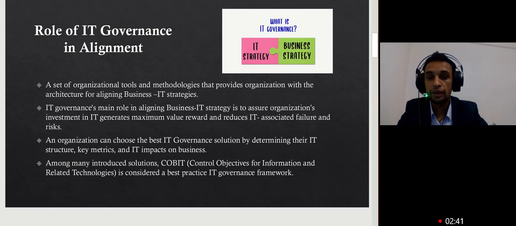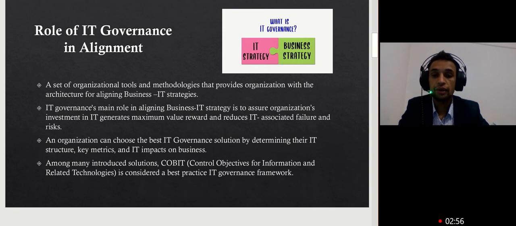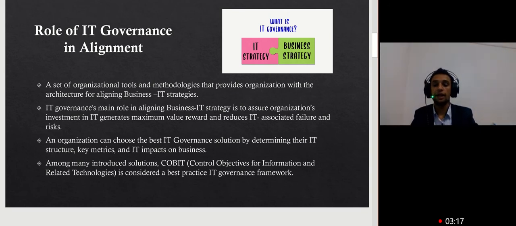Jumping to the next slide, the role of IT governance in alignment. What is the role of information technology governance in alignment? It is a set of organizational tools and methodologies that provides the organization with the architecture for aligning business with IT strategies. Its main role in aligning business and IT strategy is to assure that the organization's investment in IT generates the maximum value as a reward and reduces IT-associated failures and risks.